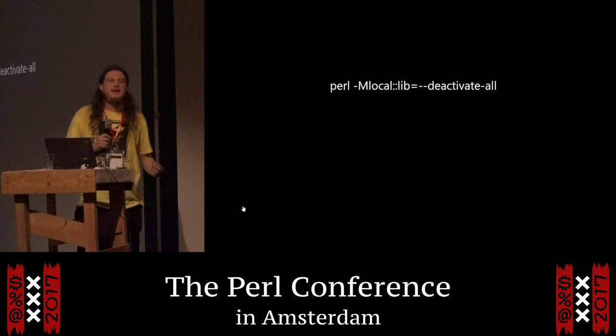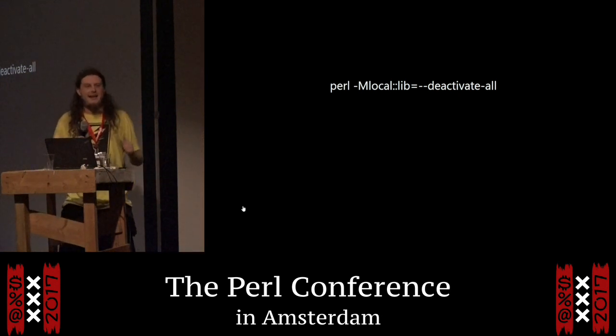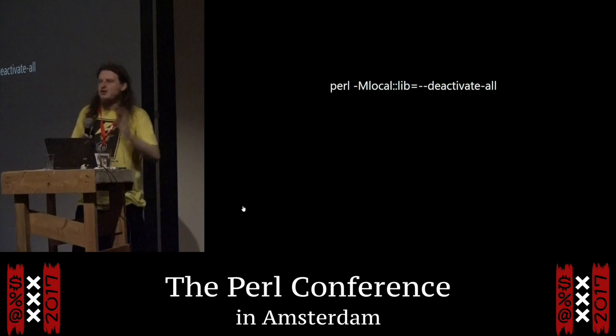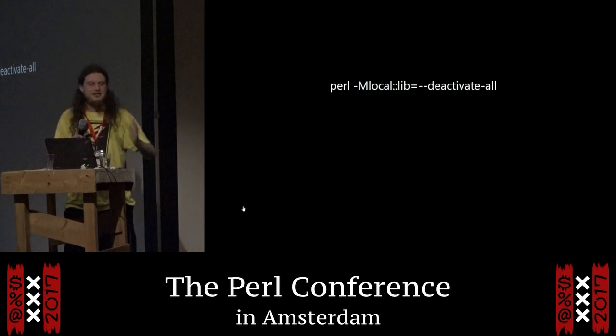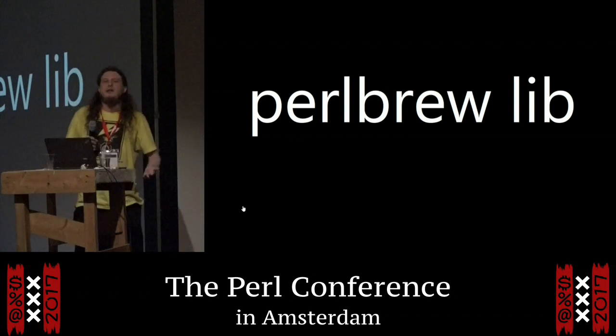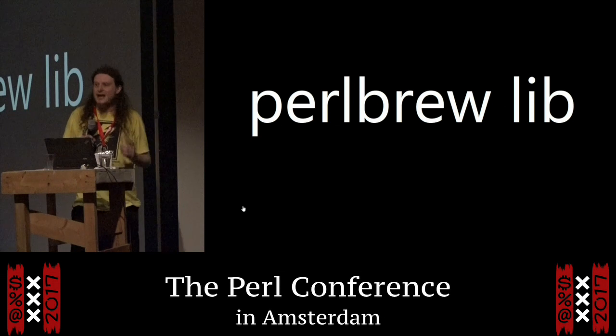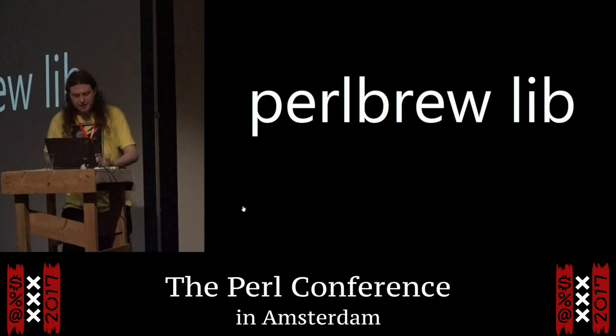Or alternatively, you can always use local::lib --deactivate-all, which basically loads local::lib, and then it looks for everything it's set up itself and deletes them out of your environment variables. So that's a good way to get back to baseline if you're trying to test something from scratch. To use local::lib with perlbrew, you use perlbrew lib, which integrates it into perlbrew in a way that basically works.